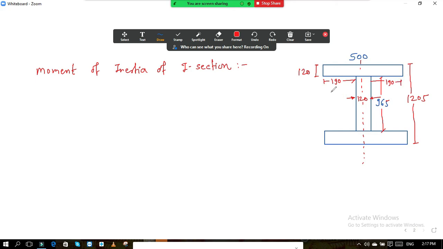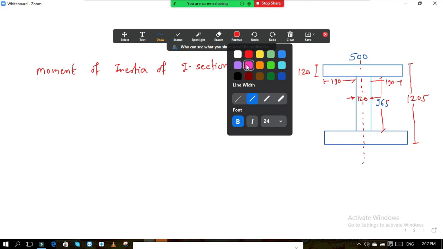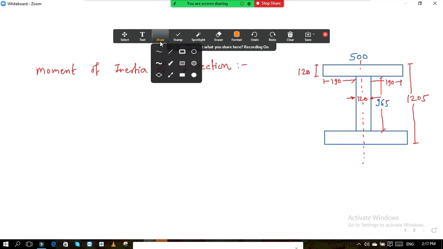Okay. So now as this is the symmetrical I section, what we will do? We will calculate the moment of inertia of the whole section as a rectangular section, this total, and then we will deduct this area where I am writing area 1 and area 2.